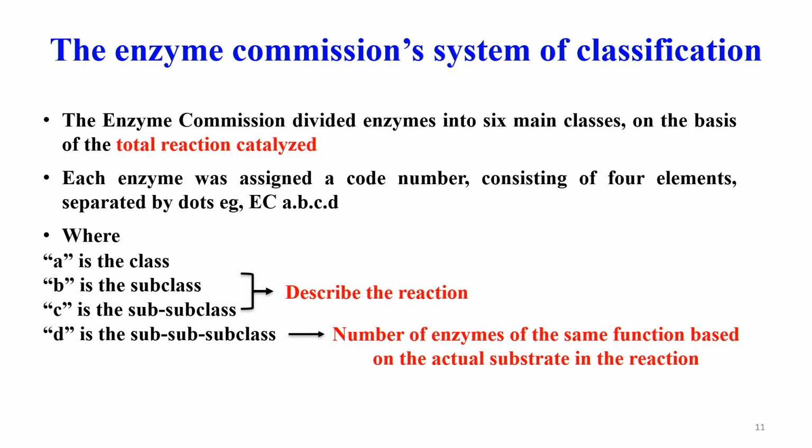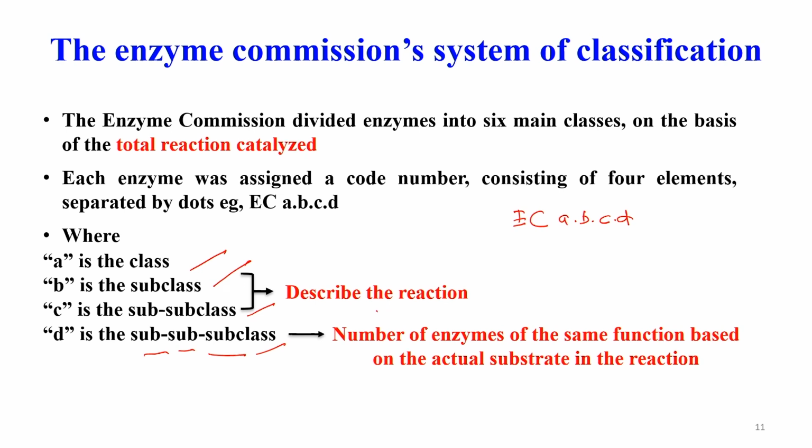So how are enzymes written? It is written as EC A.B.C.D. A refers to the class, B refers to the subclass, C refers to the subclass, and D refers to the subclass.